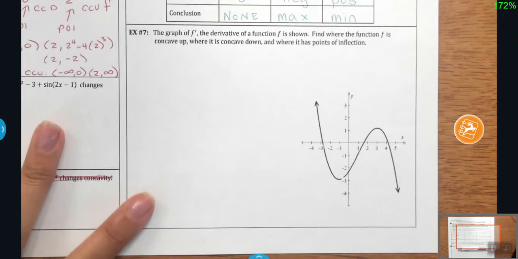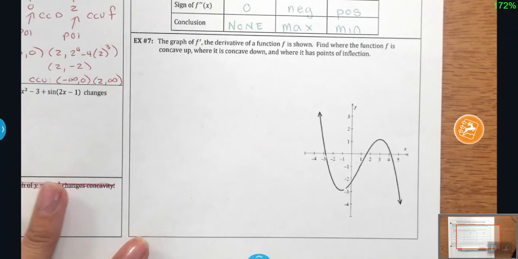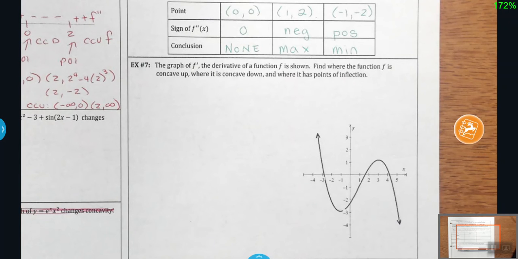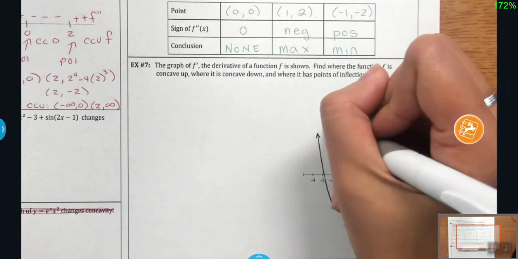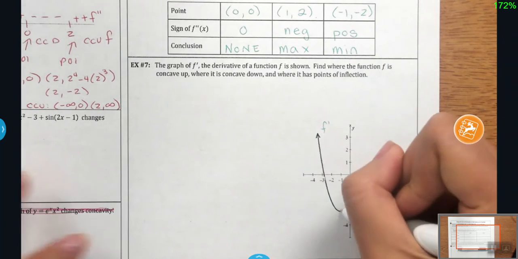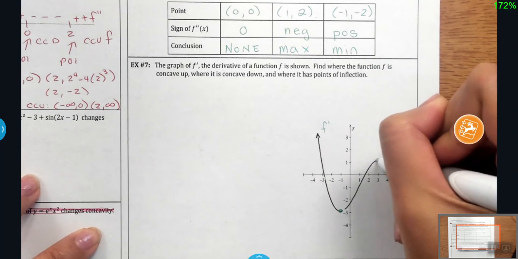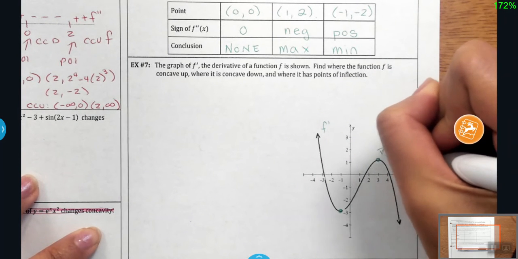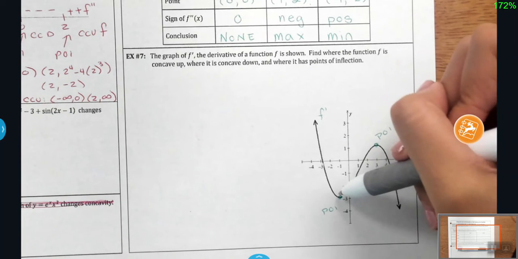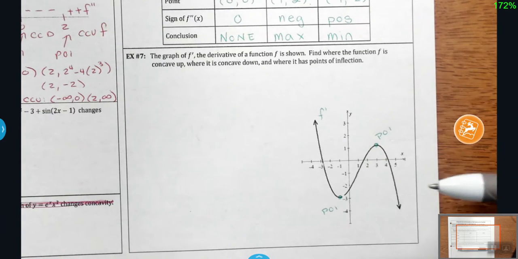Ooh, this is the graph of f prime. Tell me where f is concave up, concave down, and points of inflection. So points of inflection happen where on the first derivative? Zeros. Good. Maxes and mins. So points of inflection. And if it's decreasing on the first derivative, then what is it on the original?